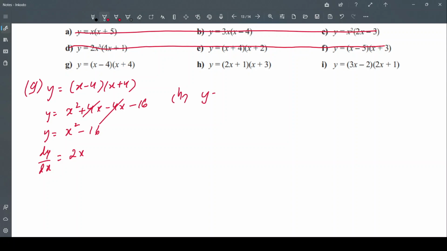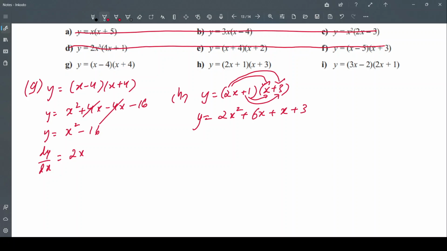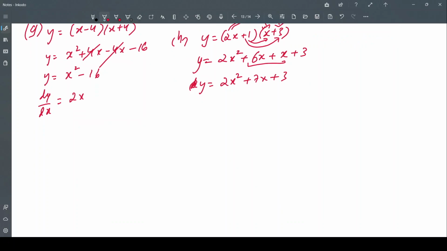And for H, y equals 2x plus 1, x plus 3. Let us simplify this one. 2x into x is 2x square, plus 3 times 2x is 6x, plus 1 times x is x, plus 3 into 1 is 3. Before differentiation, we simplify further: 2x square plus 7x plus 3, because 6x plus x is 7x.